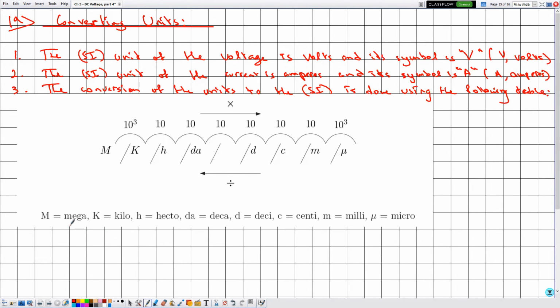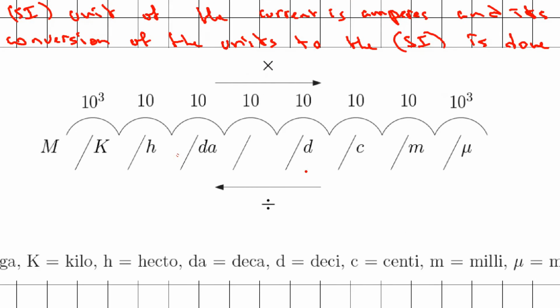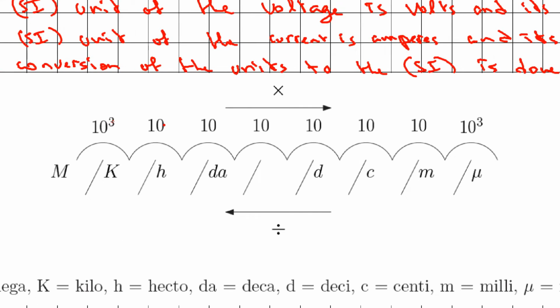So what does the following table represent? Okay, if we are moving from left to right in the direction of this arrow, we multiply. If we are moving from right to left in the direction of this arrow, we divide. So as we move, we multiply by these numbers according to these subscripts.